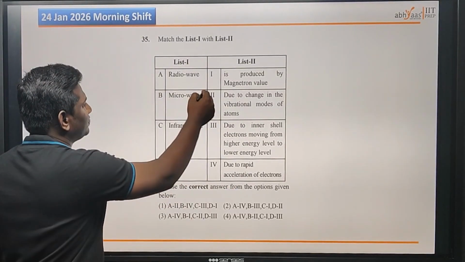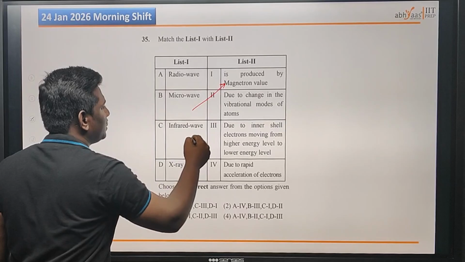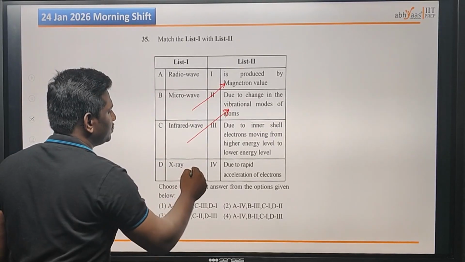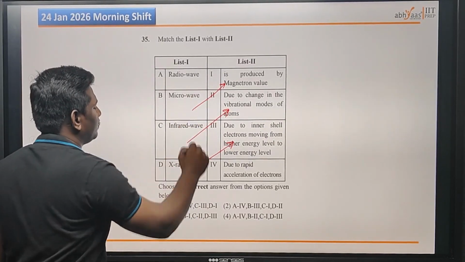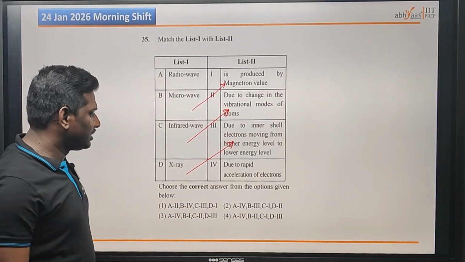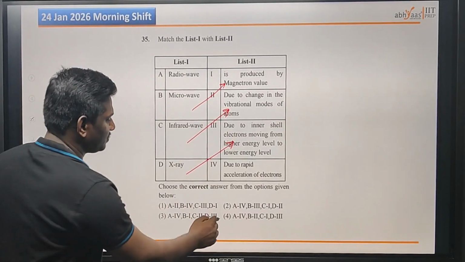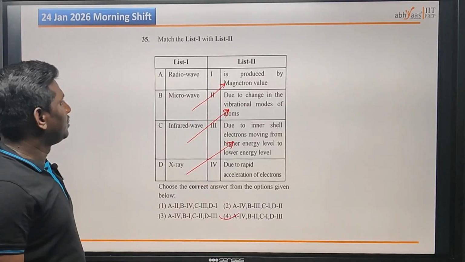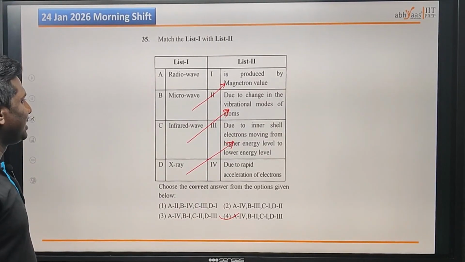So see here, this is option 1, option 2, option 3, option 4 is option A. So what is the correct answer? I hope option 4 is the right answer.